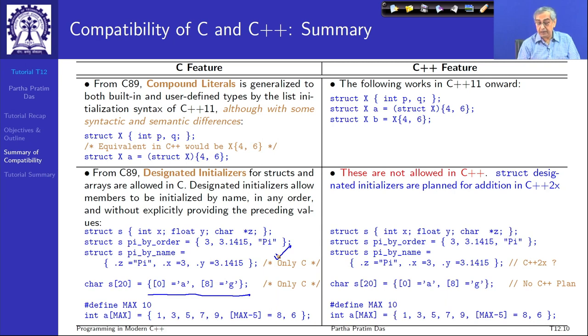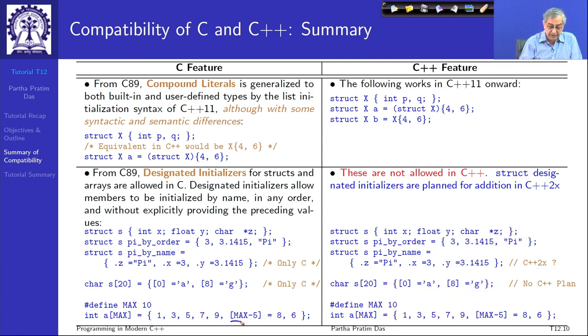There is some plan to add this in C++ 2x in future releases, but we still do not know when it might be coming. Whereas, for designated initializer for array, C++ has no plan to add it. So, if you have such code in C, you will have to do a significant rewrite to make it compatible to C++.